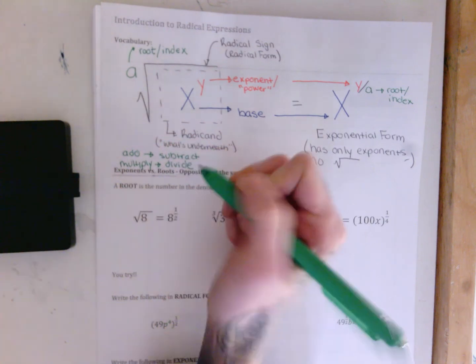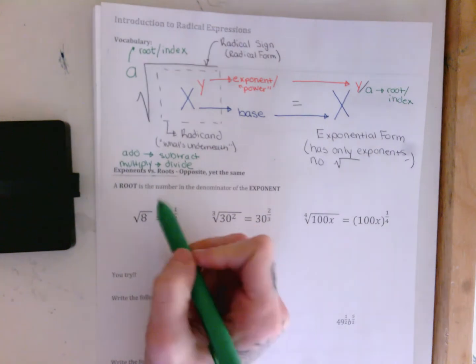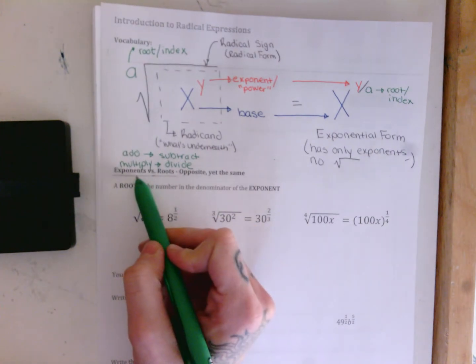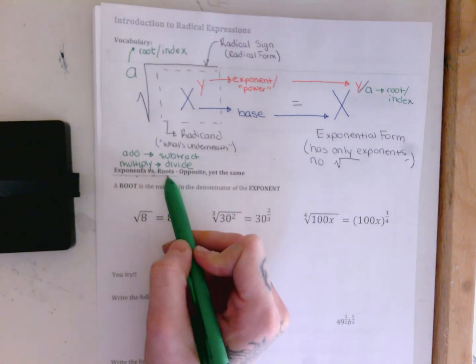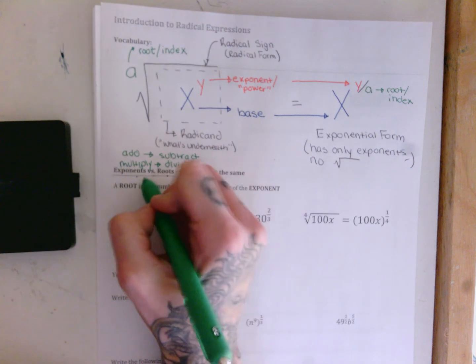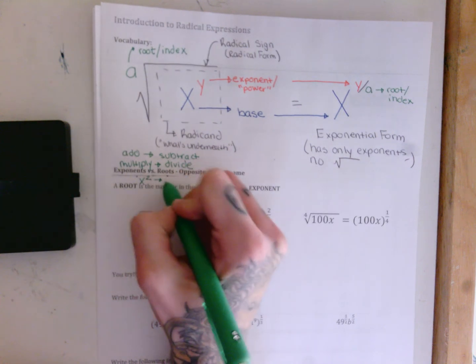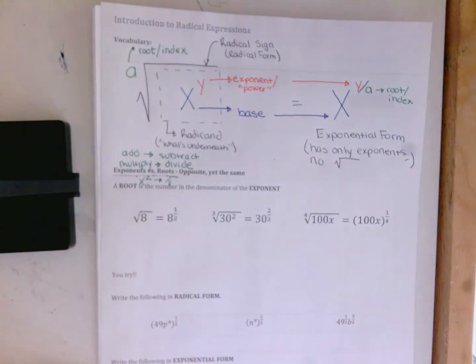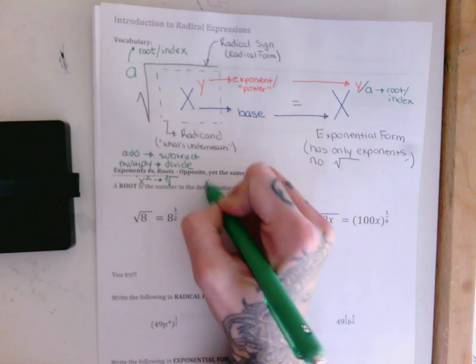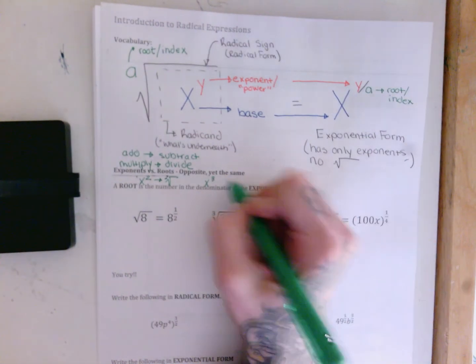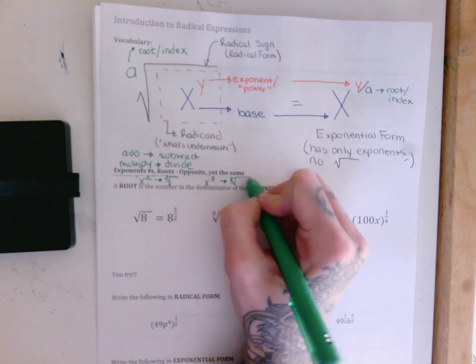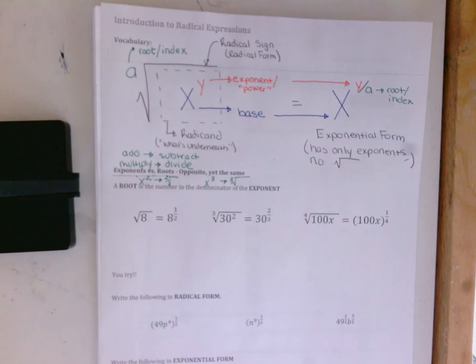So doing one thing undoes the other one. So if I'm squaring something, the square root would undo it. So squaring, square rooting, where the root is 2, that would undo it. If I had something cubed and I were to cube root something cubed, they're opposite things happening.